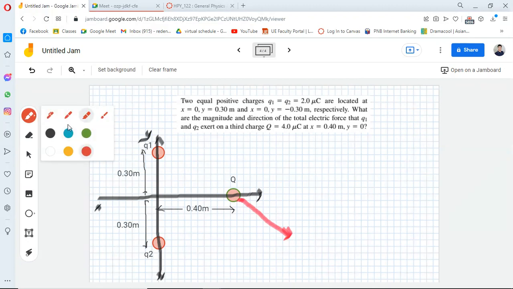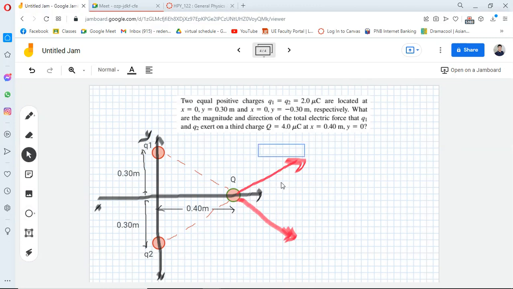Tama, no? Ganyan siya dapat. Kasi yan yung ating line of axis, something ganyan. This charge Q must experience a repulsive force oriented into this direction. Same thing with here. Meron siyang ganyang repulsive force. Ganyan yung kanya na-experience. And then we can just label it out.